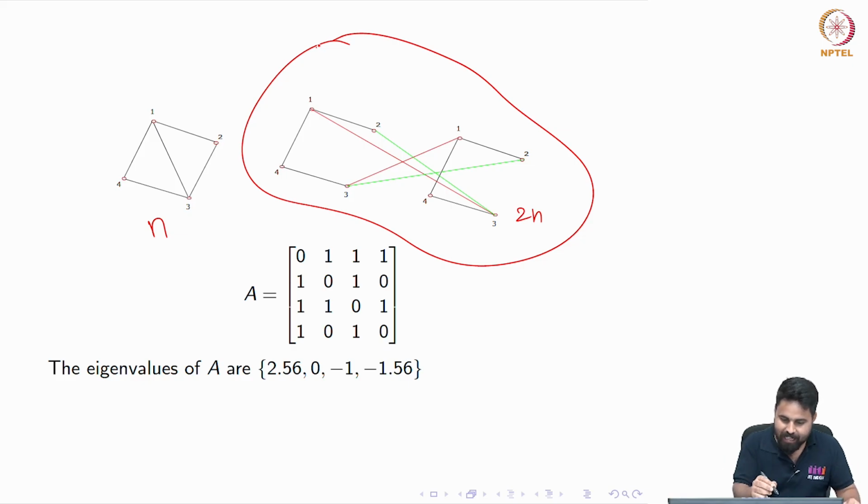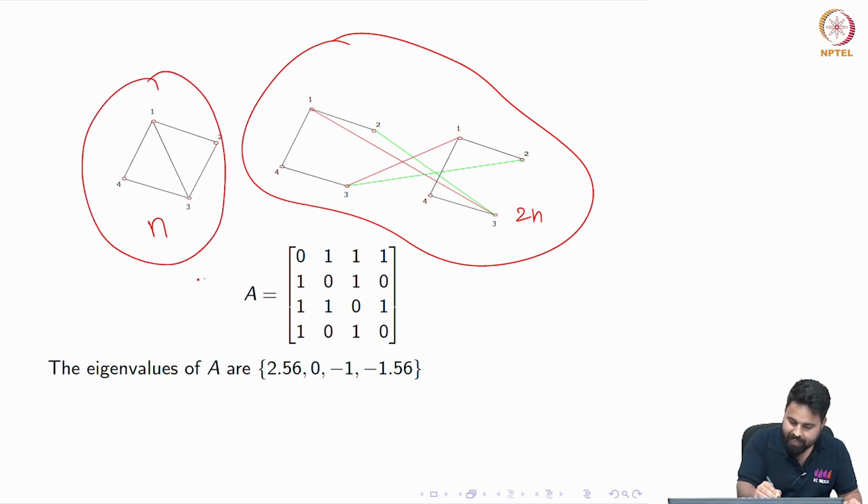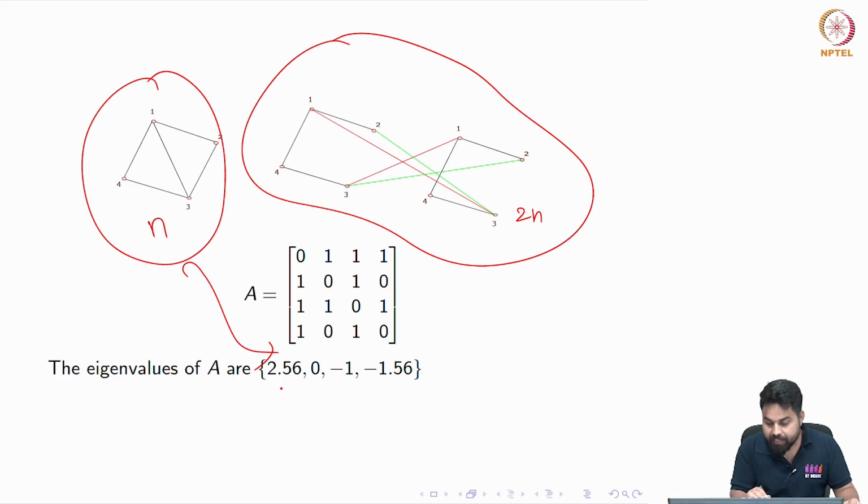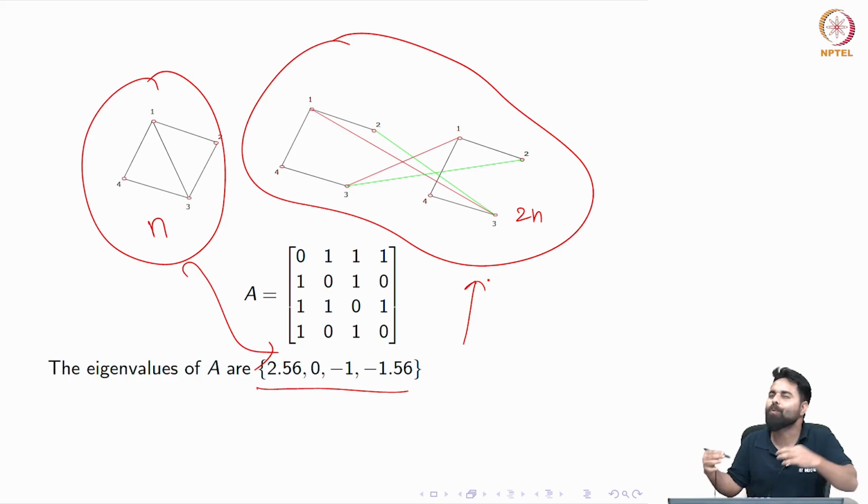If the original graph is this, its eigenvalues are these, and these will also be the eigenvalues of this graph. Then there will be another n eigenvalues. So it inherits its old n eigenvalues and also has n new eigenvalues. We are trying to find what those new eigenvalues are.